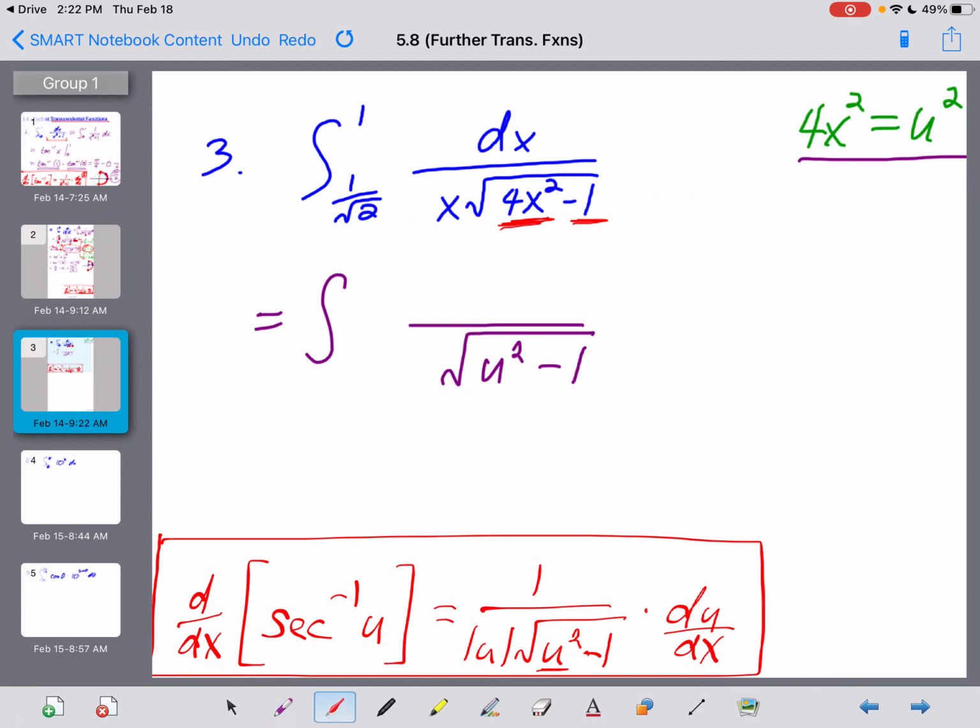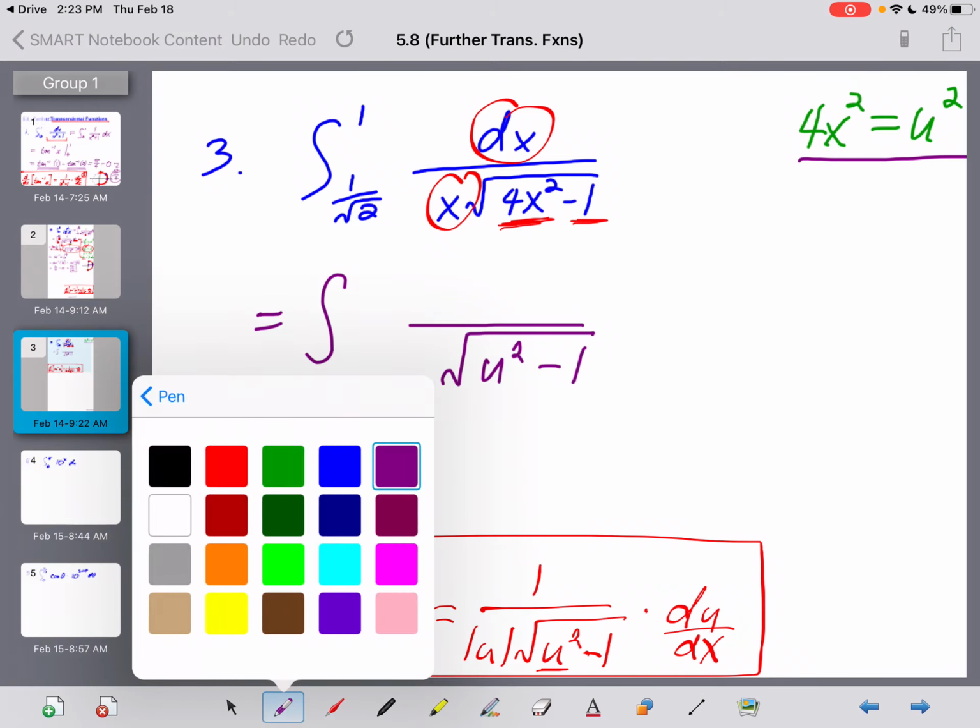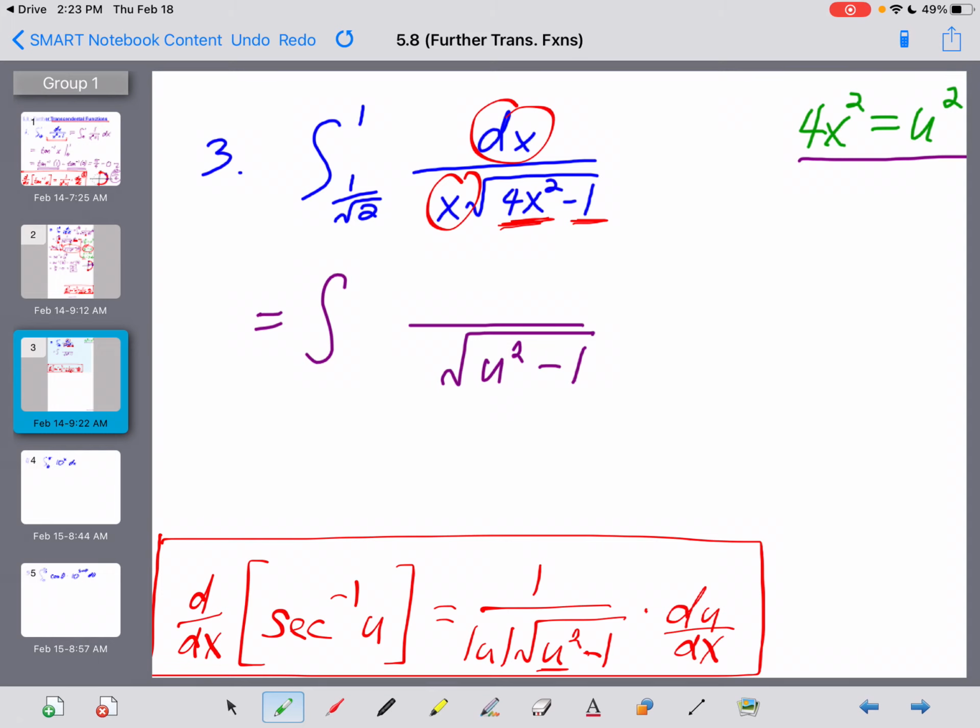But we've got secondary work to do, guys. We've got to worry about this dx, and we've got to worry about this x, which is actually dx divided by x. And either in one big chunk or in two separate little chunks, we've got to replace the dx over x with a whole bunch of u's and du. So how are we going to do that? Well, let's go back to work over on the right-hand side. Just like we did in the last problem, we're going to take the square root of both sides here.